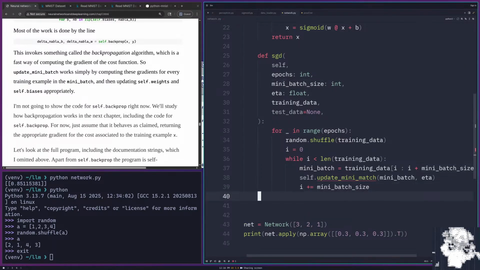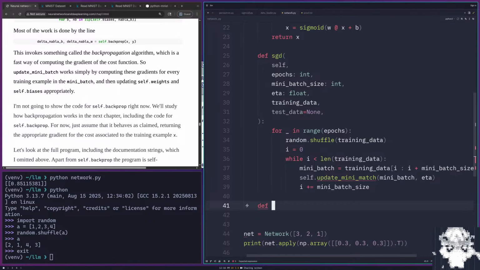Okay, so def update_mini_batch. It takes a mini_batch, which has a complicated type. It takes an eta, which is a float.